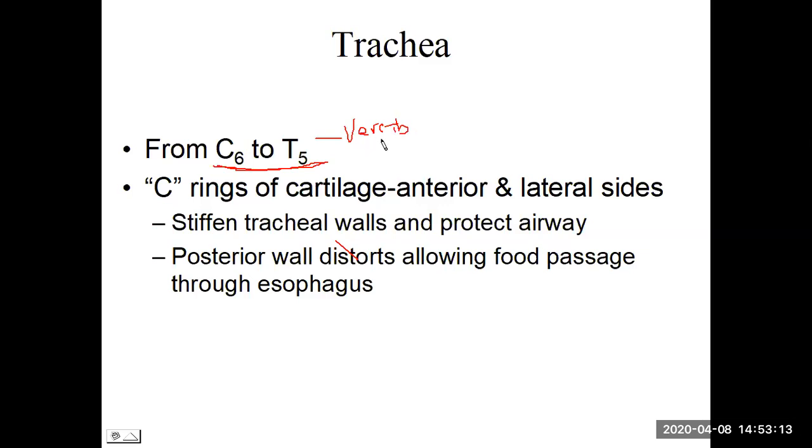So we're looking at the bones of the spine. So comparing it to the span of our spine from our cervical 6 vertebra down to our thoracic 5 vertebra, the length of the trachea.